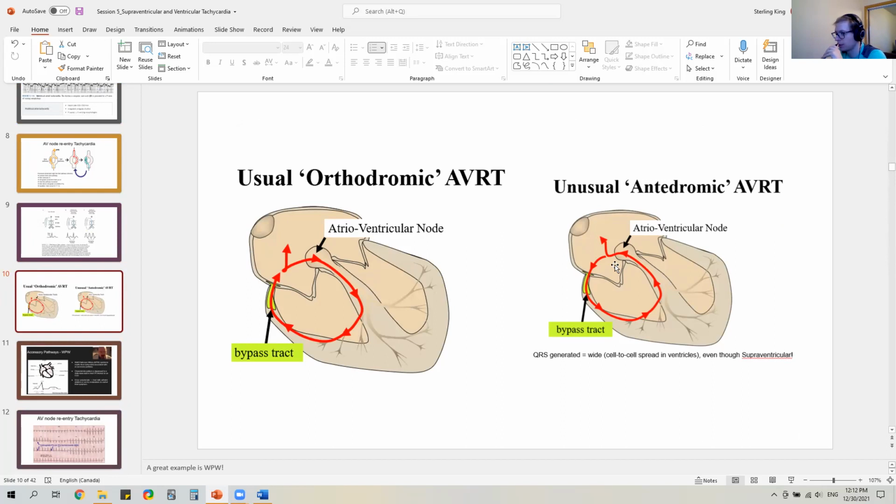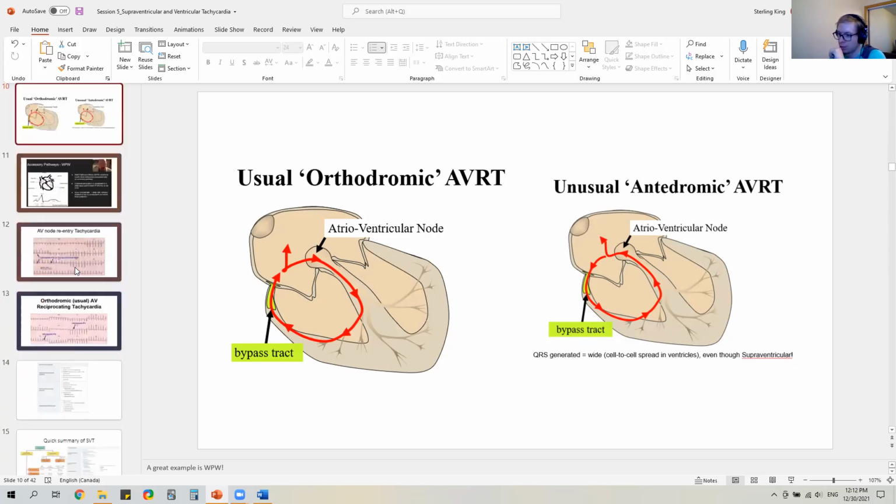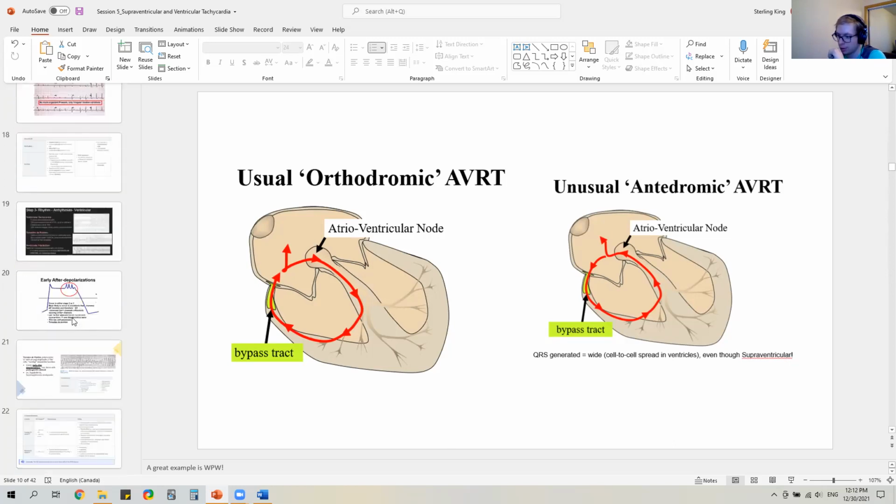This is related to the bypass tract, and it causes a wide QRS, which we usually associate with the ventricles, but it's actually coming from above the ventricles. It's a supraventricular rhythm. So there are a few rules you can use to help differentiate the two.